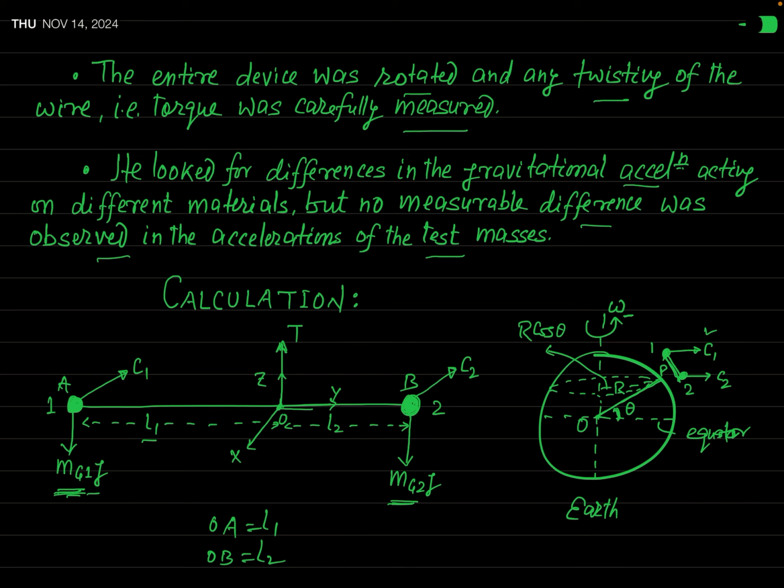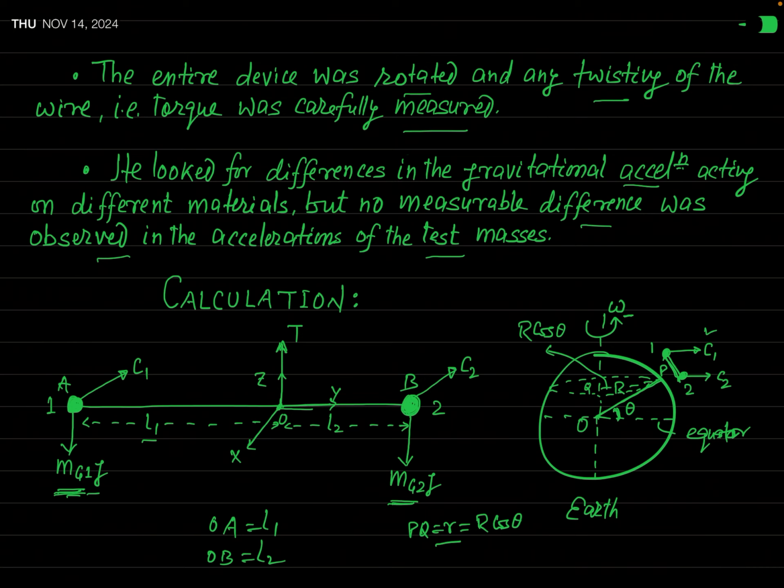Both will describe this dotted circle whose radius will be what? If you take this point as Q, then PQ is equal to a small r, which is equal to R cos theta, and this is the radius of the circle described by these masses M1 and M2.